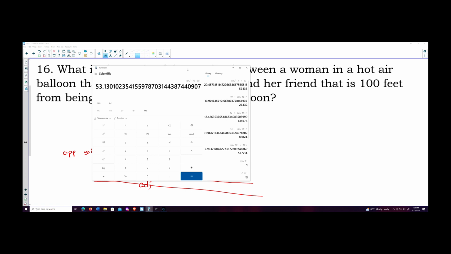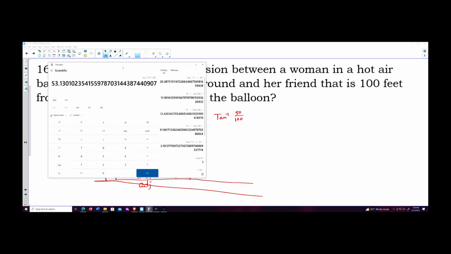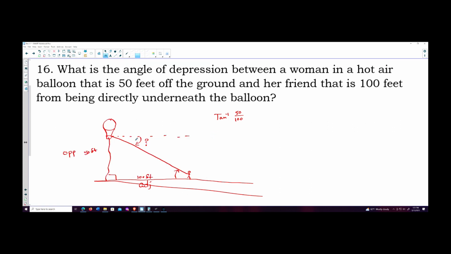So I go to the calculator, parentheses, clear it, parentheses, 50 divided by 100, close parentheses, and then the trigonometric tangent inverse, and that would be about 26.56, 26.5, so about 27 degrees.